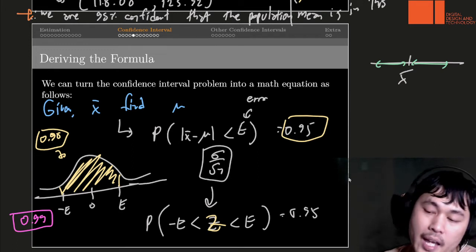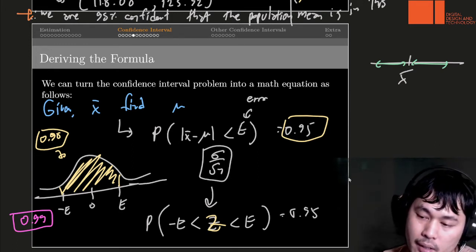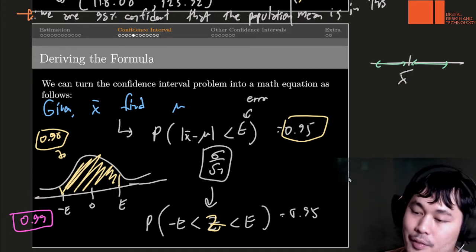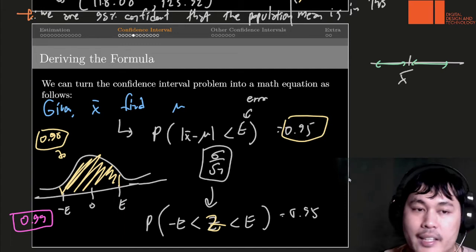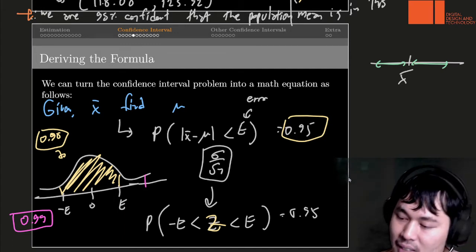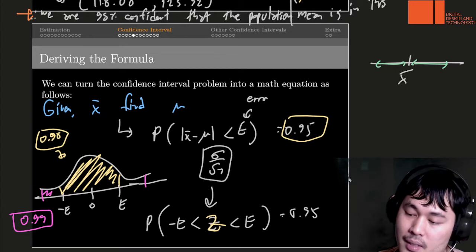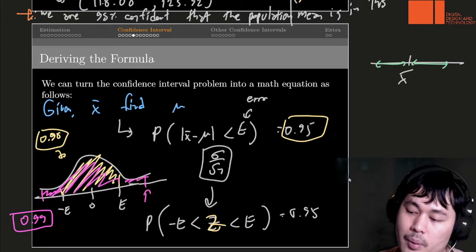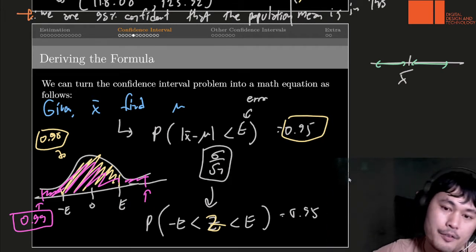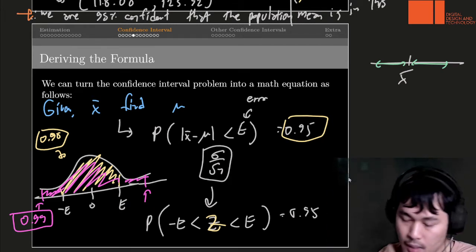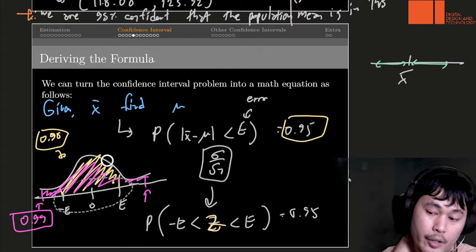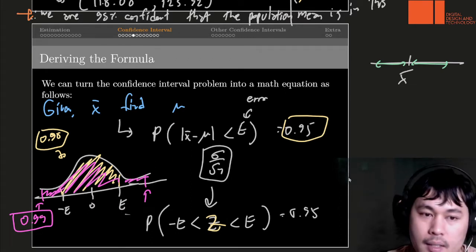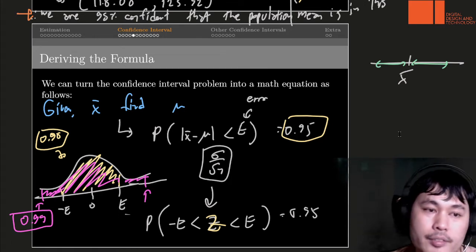If you want the area to be larger, from 0.95 to 0.99, then of course these values must be larger. The area is larger, so these two endpoints must be further away from center. And so these numbers affect the range of that interval.